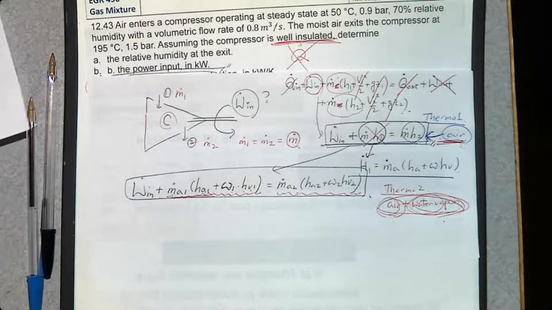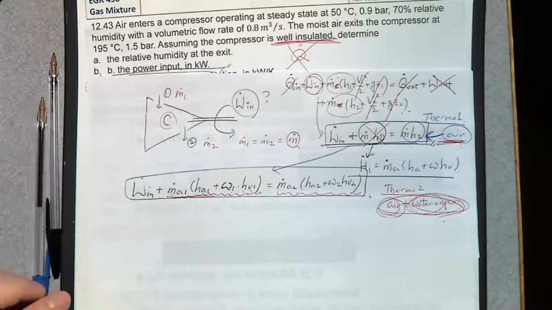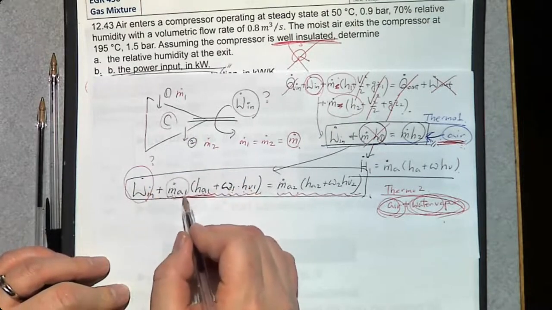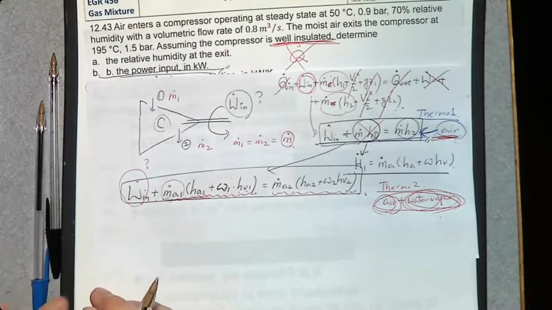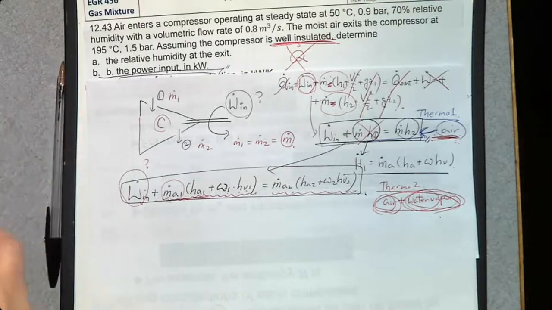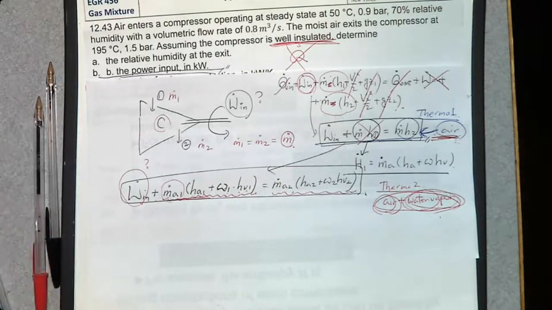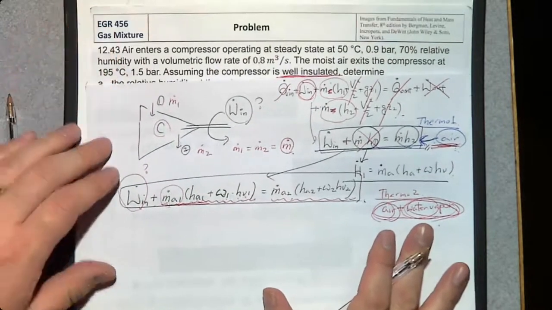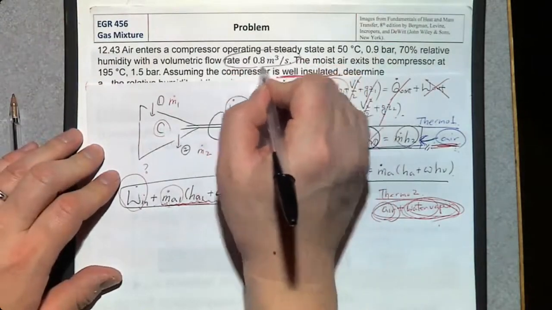So let's solve this equation one by one. First of all, this is the unknown. What about m dot a? We do not know m dot a, so let's find m dot a. How can we find m dot a? We can use the volumetric flow rate.